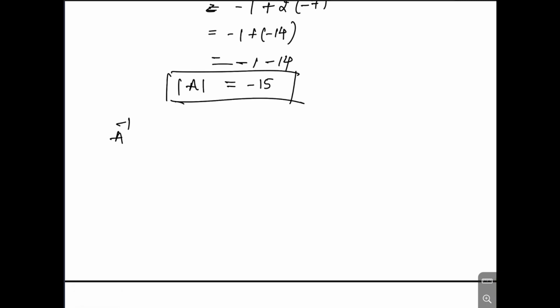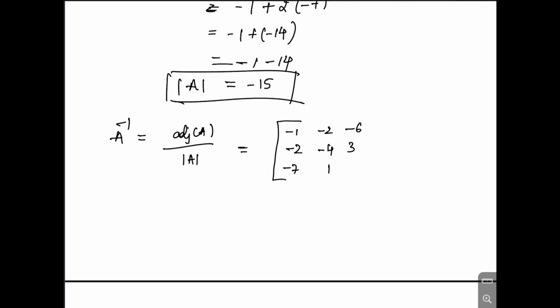So we need to find out the A inverse. The formula says adjoint of A divided by determinant of A. Now let's substitute the value of adjoint of A and determinant of A. So here we got the adjoint of A values: minus 1, minus 2, minus 6, minus 2, minus 4, 3, minus 7, 1, 3, whole divided by minus 15.